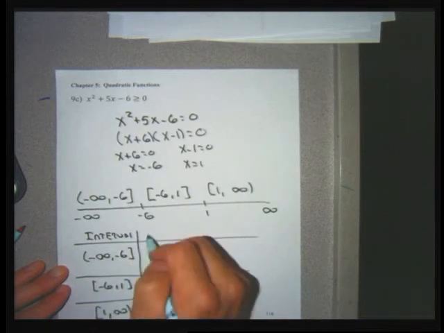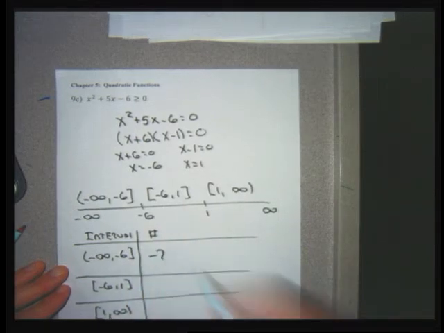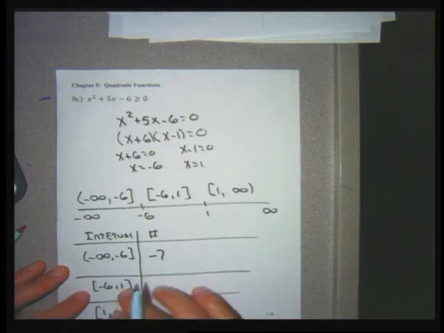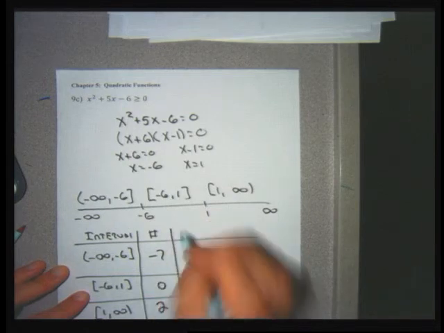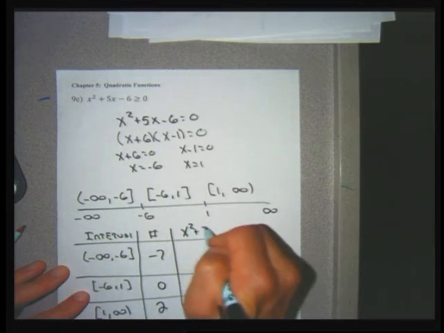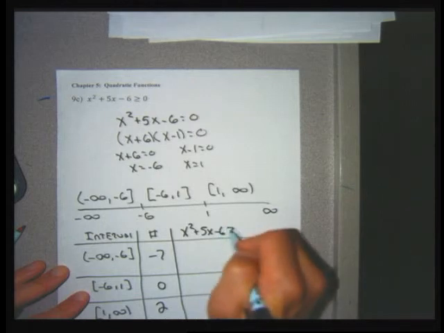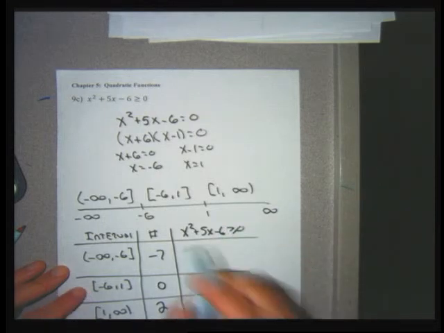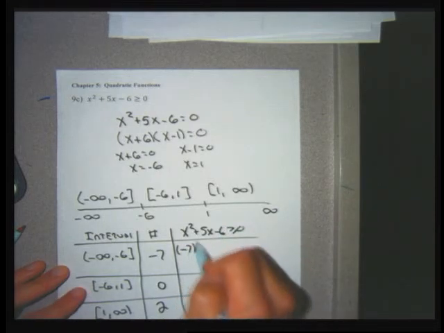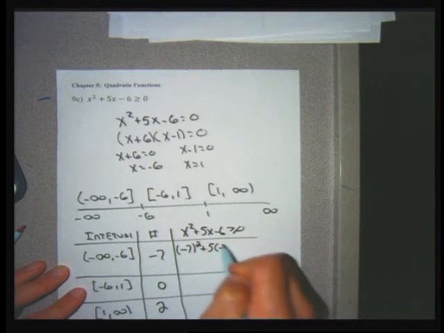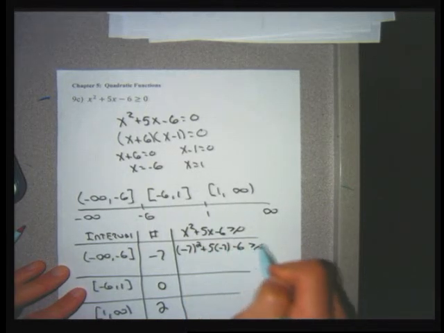My test number in the first interval should be -7, but you can pick another. The middle interval goes from negative to positive, so I check 0. The bottom interval, I'm going to check 2. I'm going to check them into x squared plus 5x minus 6 is greater than or equal to 0. First one, I'll go -7 squared plus 5 times -7 minus 6 is greater than or equal to 0.